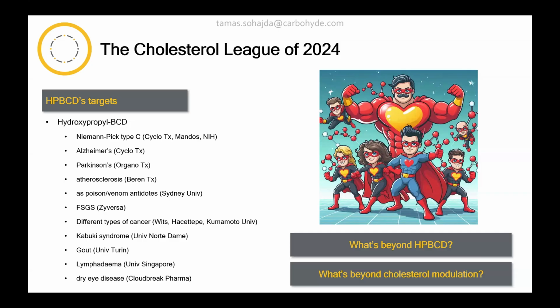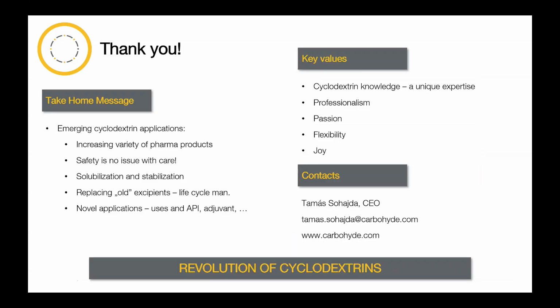We are focusing now on this, but there are new innovations always with cyclodextrin, even though we know them for decades. There is always innovation in this field. So we are closing this session with the take-home message that cyclodextrins can be used and are used in pharma products. Safety is not a problem if you know how to use them.